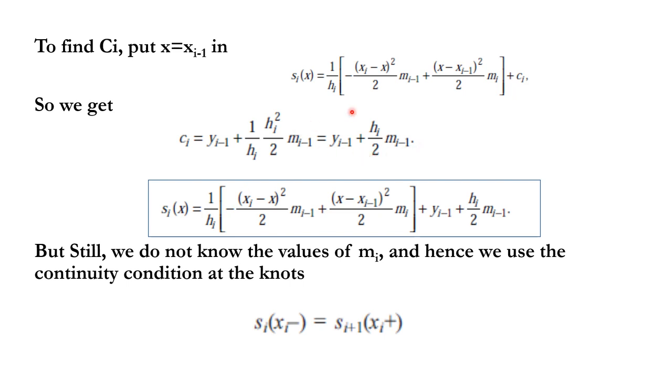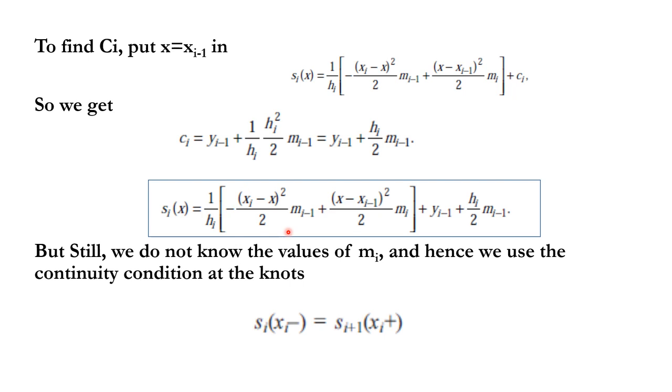So substituting for Ci in this spline function, the Si of x is obtained as 1 by 2 hi, xi minus x whole square into mi minus 1, plus x minus xi minus 1 whole square by 2 into mi, plus yi minus 1 plus hi by 2 mi minus 1. So this is the exact form of the Si of x.